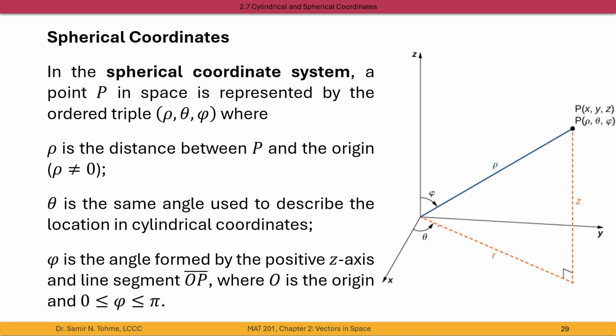Theta is the angle as before between x and r. Phi is the angle between the z-axis and rho. Theta is an angle that takes values between 0 and 2 pi, while phi takes values between 0 and pi.